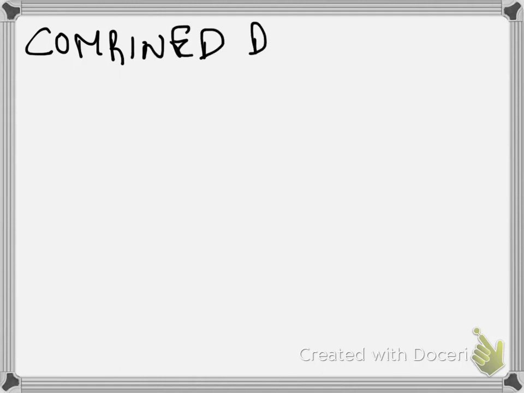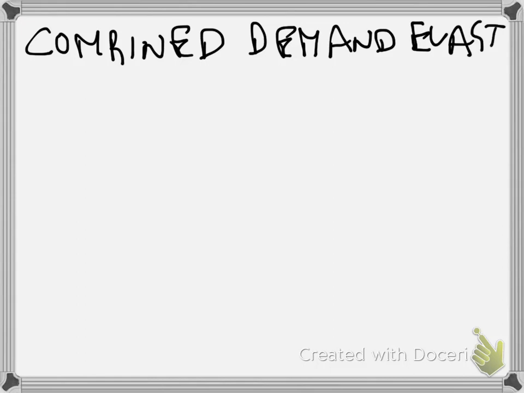The final concept in this class lecture is this idea of a combined demand elasticity, which will try to combine two important measurements of elasticity, the income and the price, and try to give you an idea about what happens to quantity demanded when both price and income change at the same time. The formula is as follows.